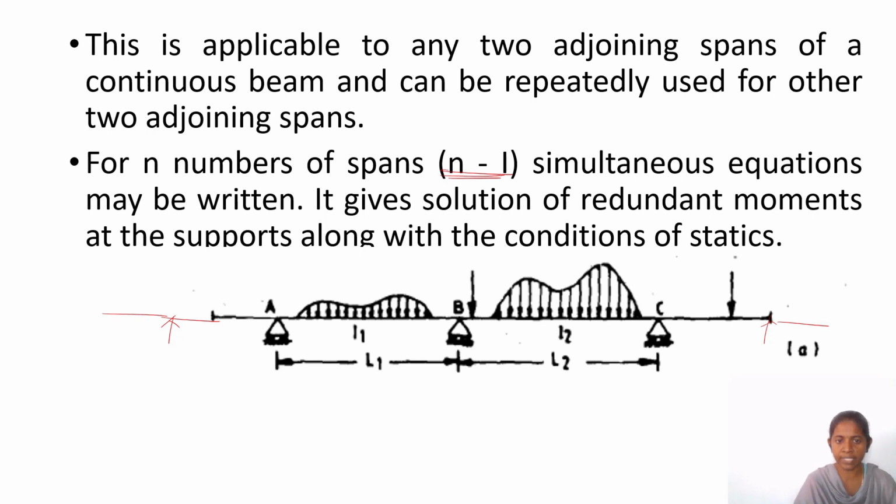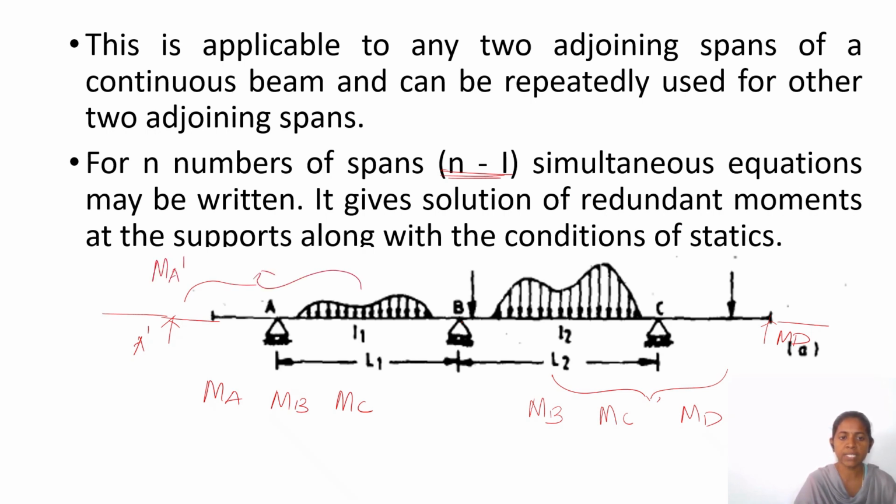How can it be understood? You write an equation comprising MA, MB and MC. If there is a further support D, you consider the next two spans and write the equation by considering MB, MC, MD. Also, imagine another support here, A dash, and write the equation considering these two spans with MA dash, MA and MB.